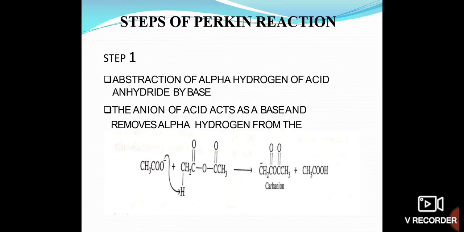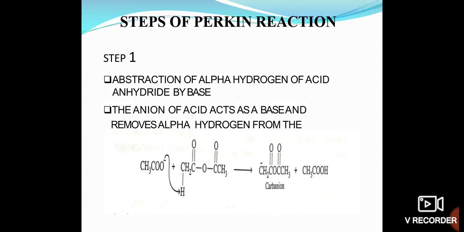This acetate ion acts as a base and removes an alpha hydrogen from acetic anhydride to form a carbanion and acetic acid.